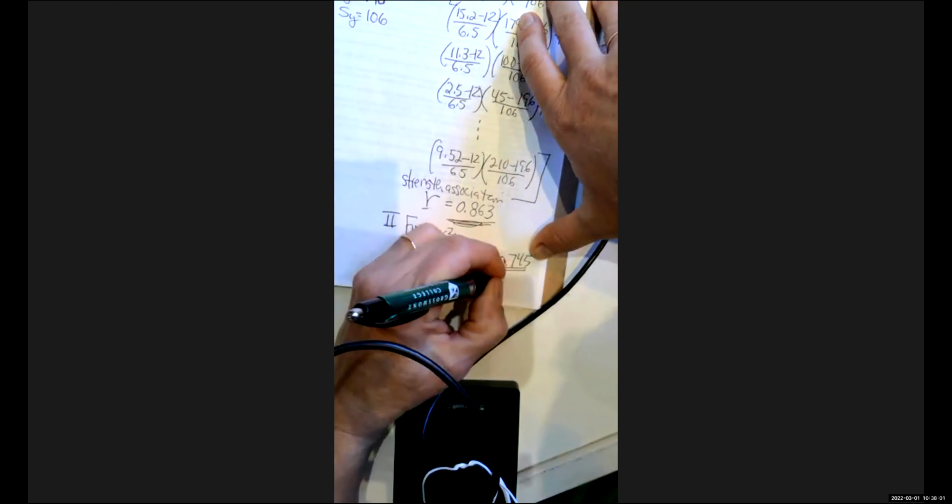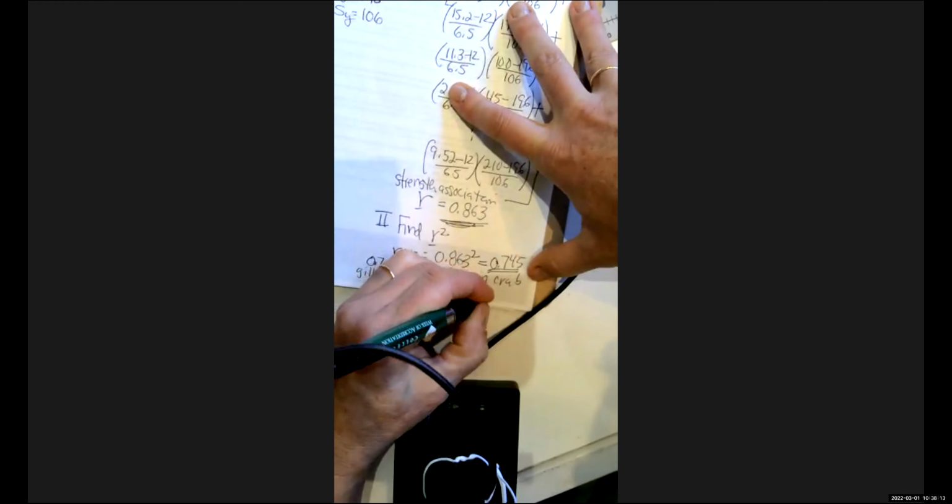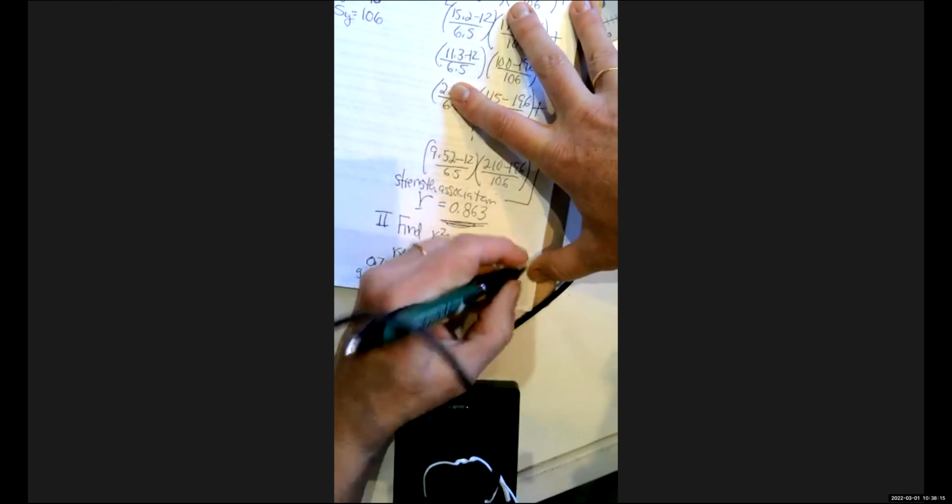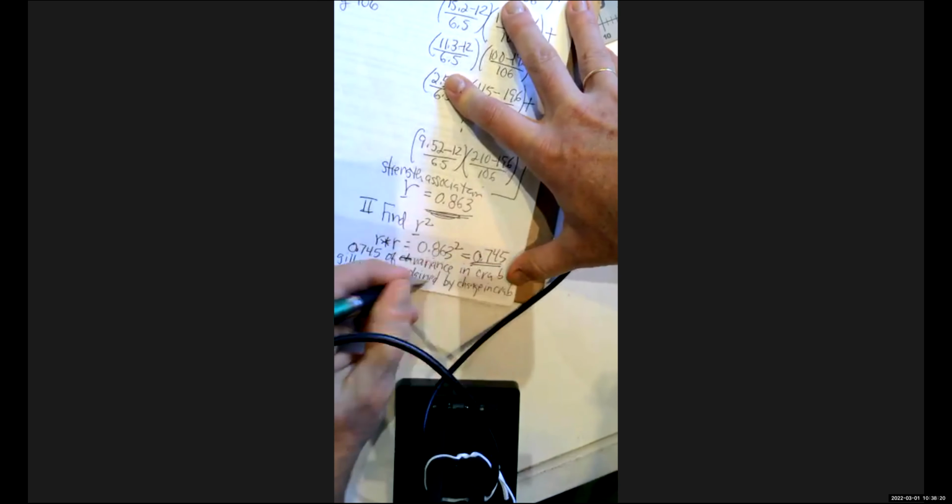All right, so my y variable is gill weight. And the crab gill weight is explained by change in crab body weight.